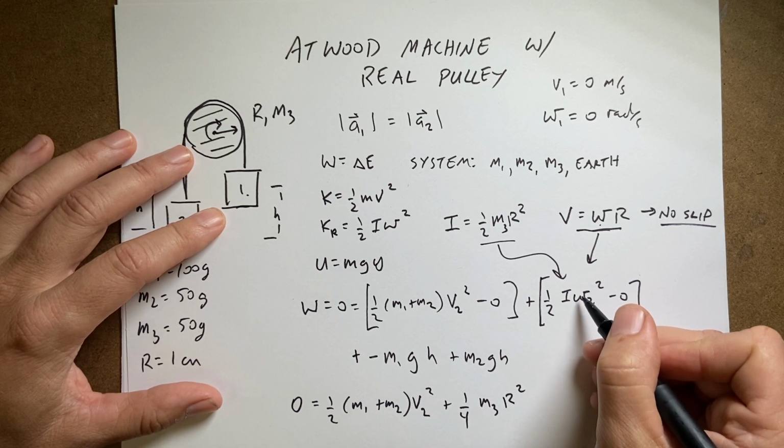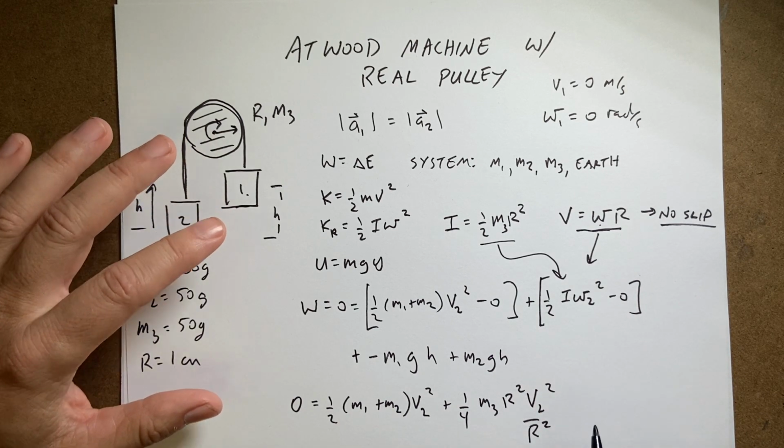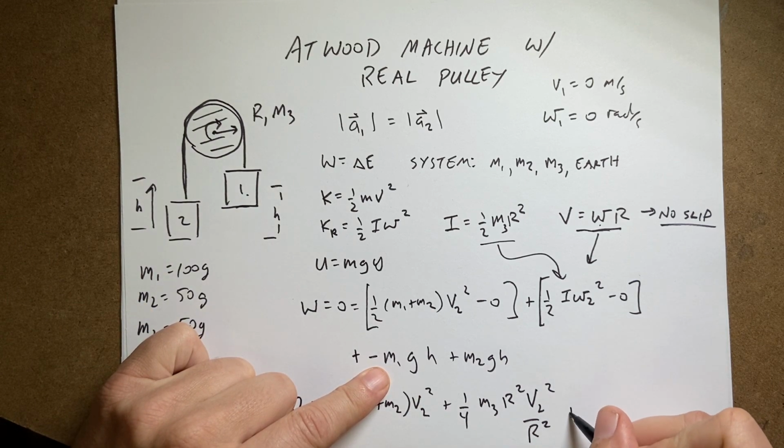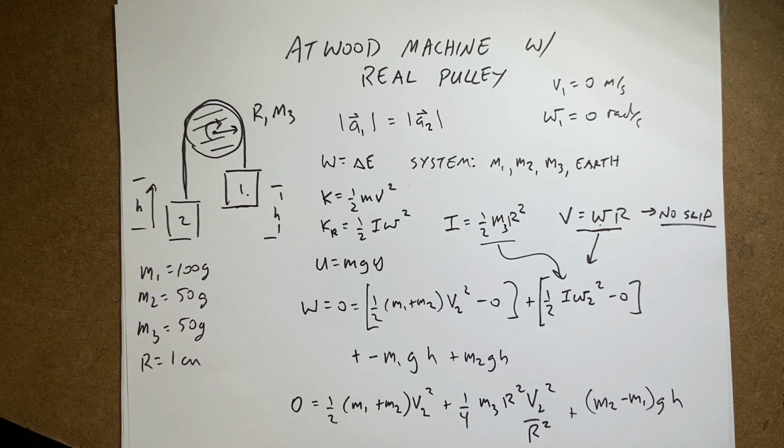And then omega 2 squared is going to be v2 squared over r squared. Yes, and those cancel. And then over here I have plus m2 minus m1 gh. So that's my work energy equation.